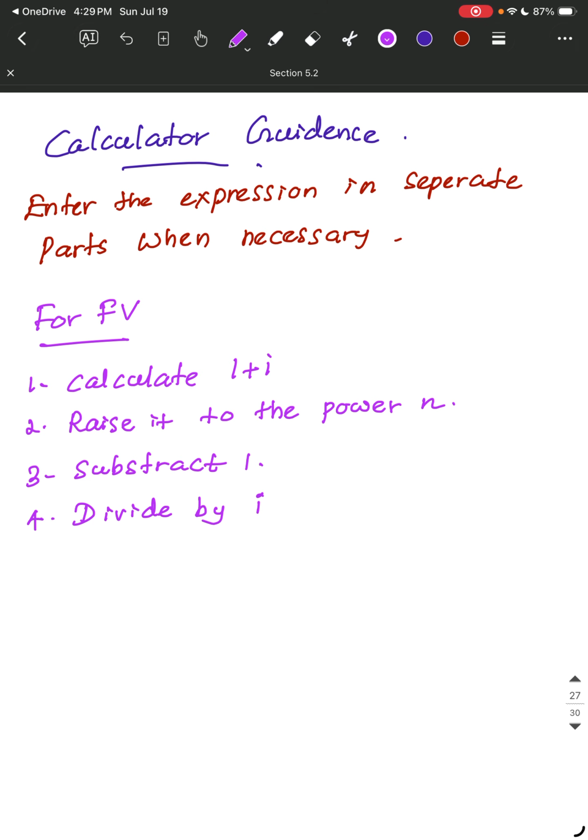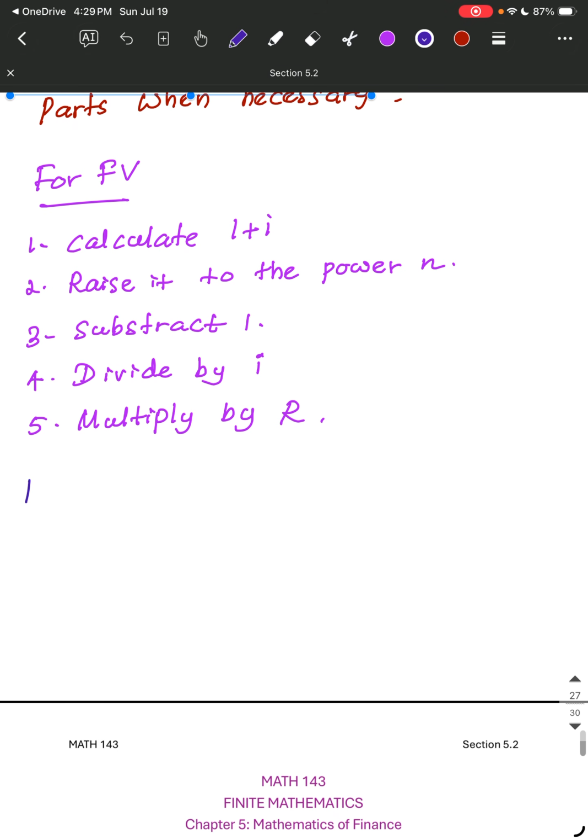Also, for present value, first calculate 1 plus I, and second calculate 1 plus I to the negative power.